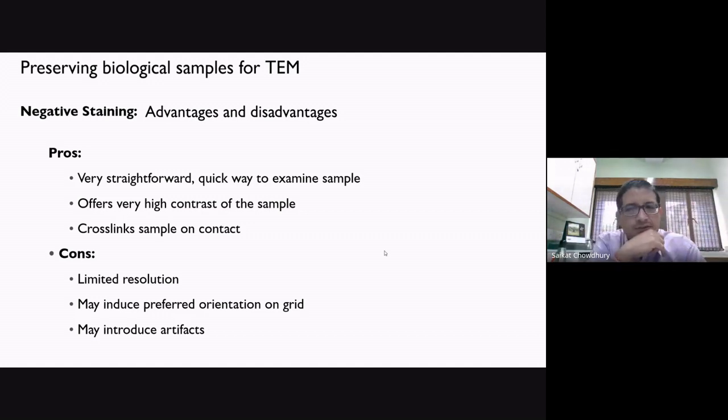So these are some of the drawbacks or limitations, and we cannot get very high resolution information from these TEM images. But as I mentioned earlier, nonetheless, they're very important for giving us a lot of other information as to how the protein may look, and maybe what kind of symmetry the protein adopts. And if it is interacting with some partners, you also get information about those things. It's quite informative and can be performed very quickly.